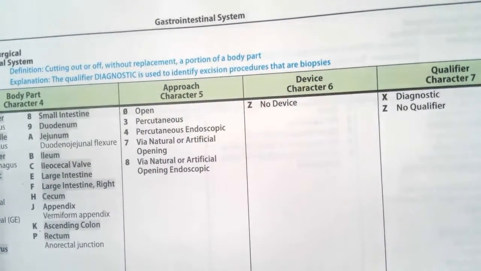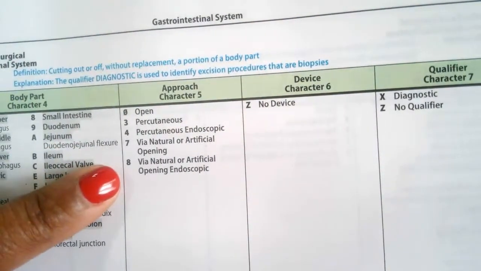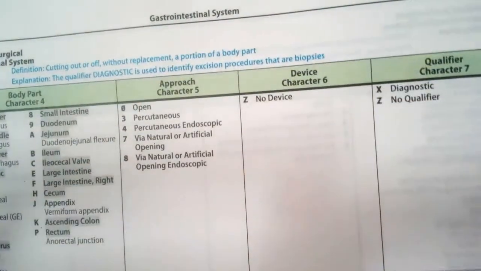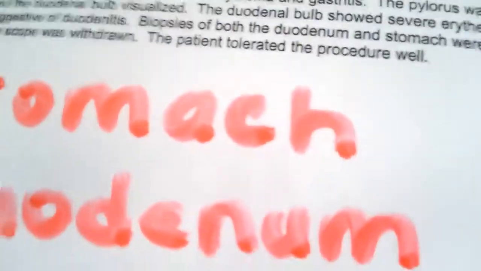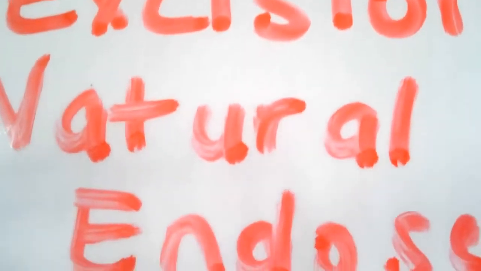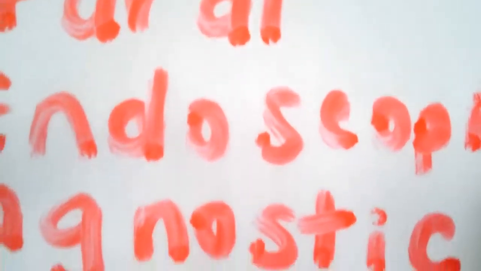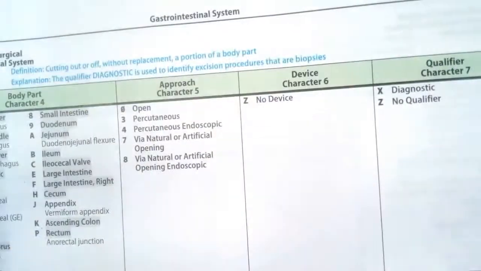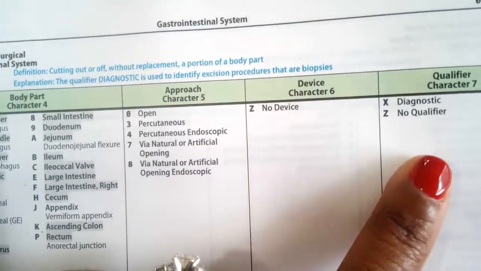I know that this is via a natural or artificial opening, endoscopic. Remember my notes? This is why you have to have notes. Every note that I wrote down, I am now pulling that information in to build my code. So that's going to be an X.